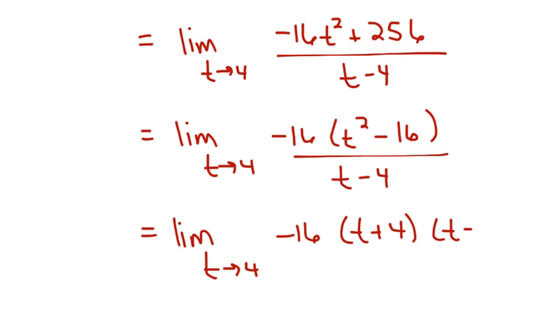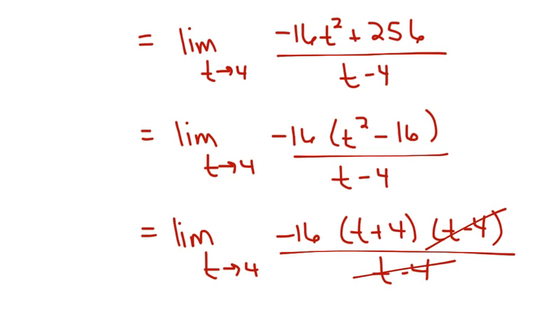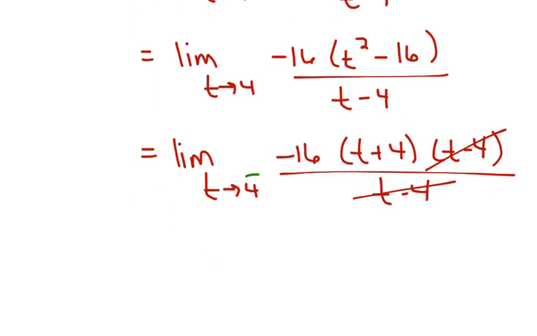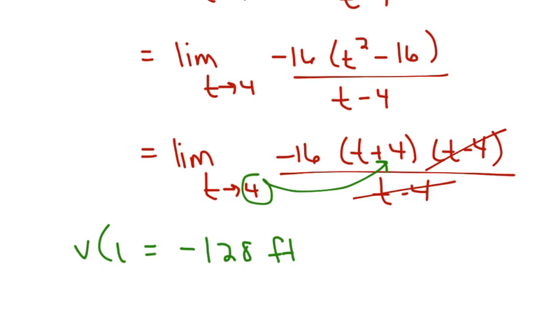Look at that. Now the t minus 4s are going to cancel. Now I can find the limit as t approaches 4. So now I'm just going to take 4 and plug it in. 4 plus 4 is 8. And 8 times negative 16 is negative 128. And the velocity is going to be in feet per second.